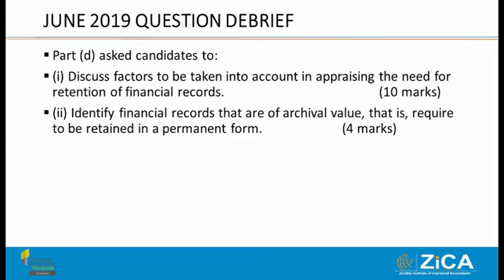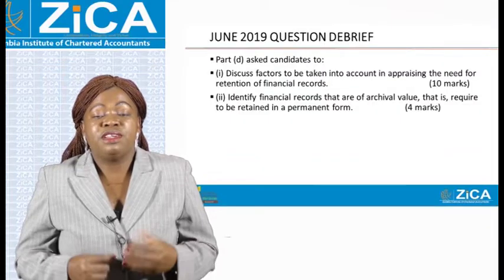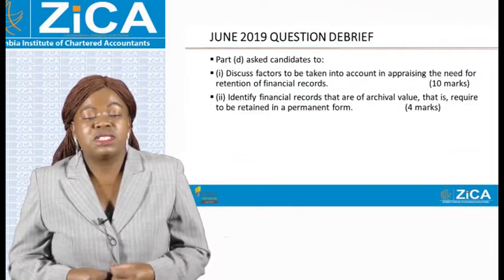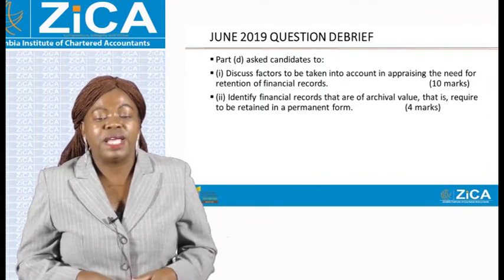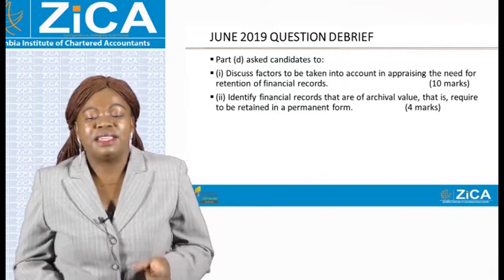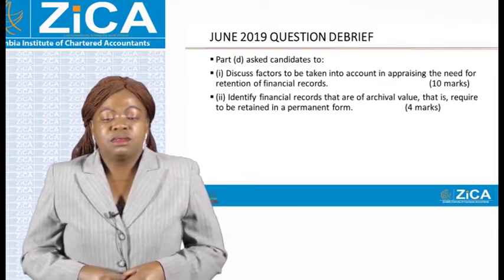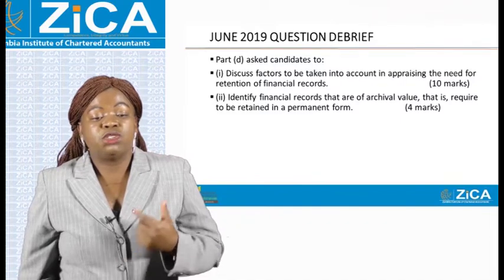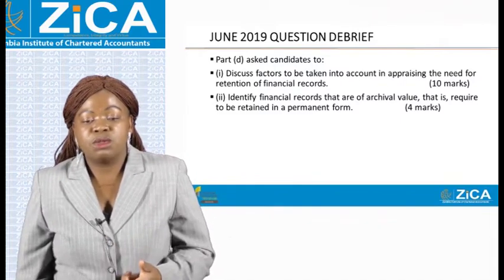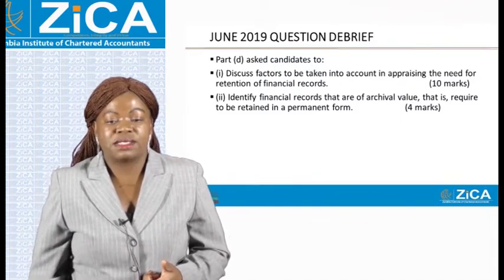So for example, if you say, information related to contracts of employment, you put a full stop there. You don't even need to explain because the question has said identify. So for 4 marks there, you need to look at 4 points that you identify and you are good to go to achieve your 4 marks.